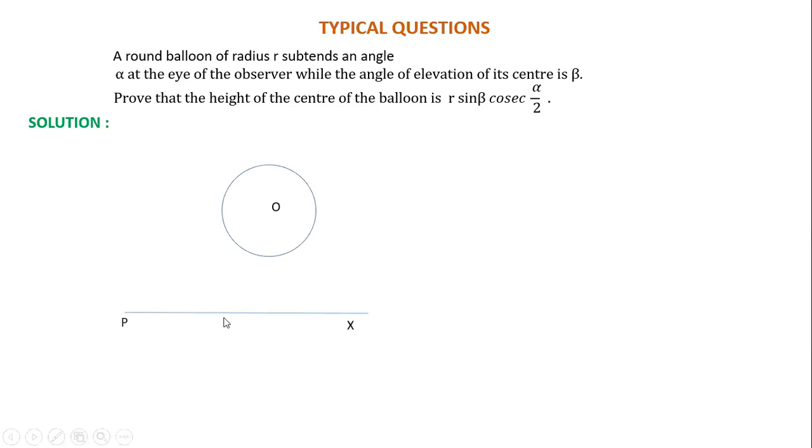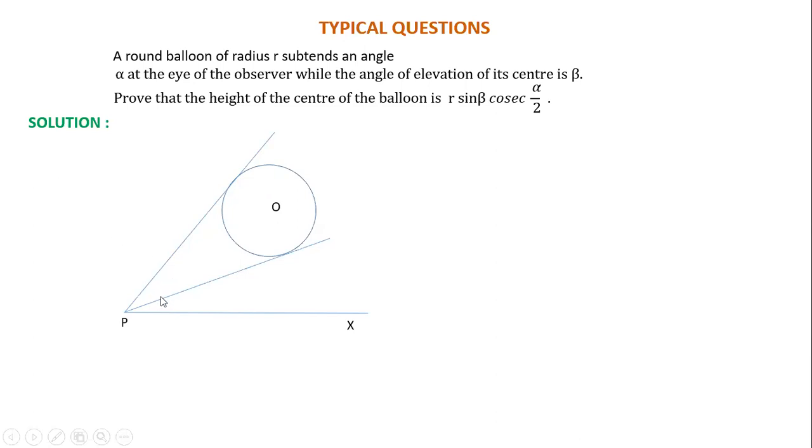This is the ground level, and P is the point of the observer, and PX is the ground level. Now he's looking at the top of the balloon. From this point P, he looks at the top of the balloon, and from the same point, he looks at the bottom of the balloon. Clear?